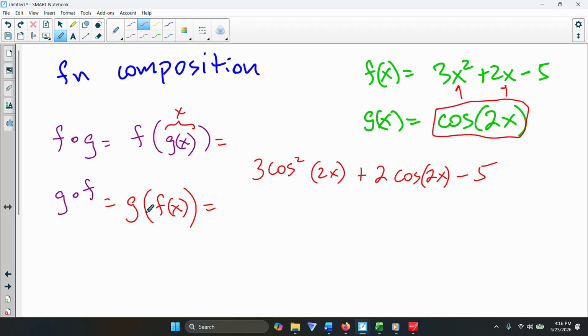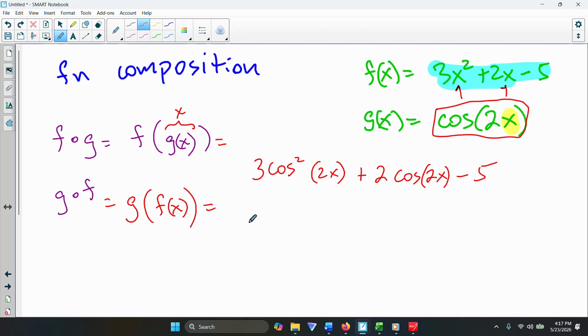Anyway, let's do the GOF. We just did FOG, the G inside F. So in this case, I'm going to plug this whole thing inside every time I see a letter X. What's nice is that there's only one place where there is a letter X, so it's pretty easy actually.